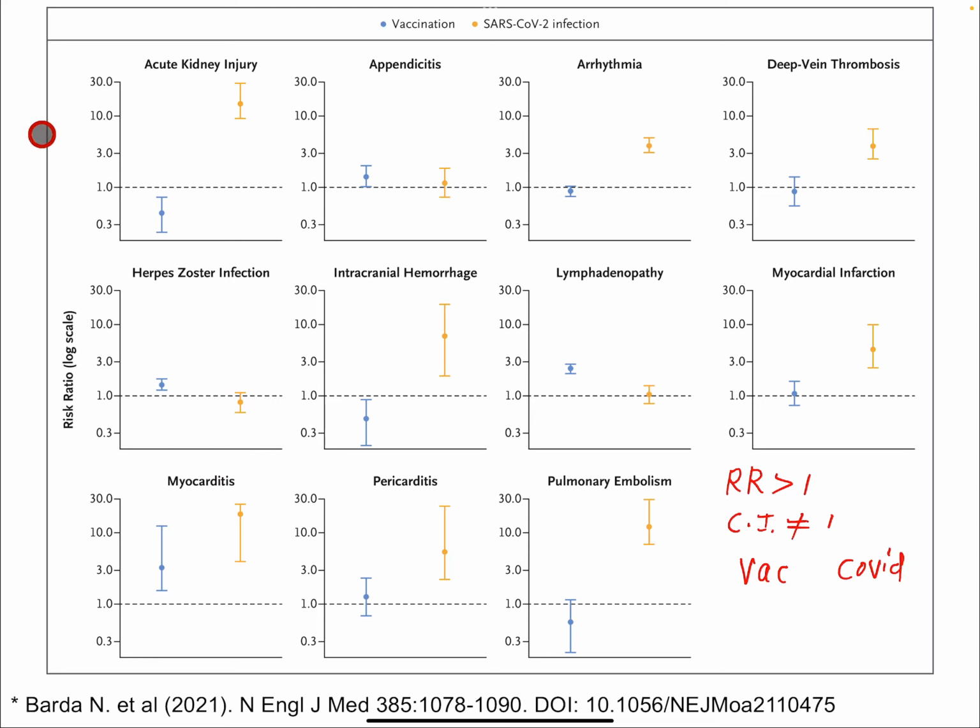For the vaccine, we have 1, 2, 3. For COVID-19 infection, we have 1, 2, 3, 4, 5, 6, 7, 8. Therefore, more adverse events are associated with COVID-19 infection than the vaccine.